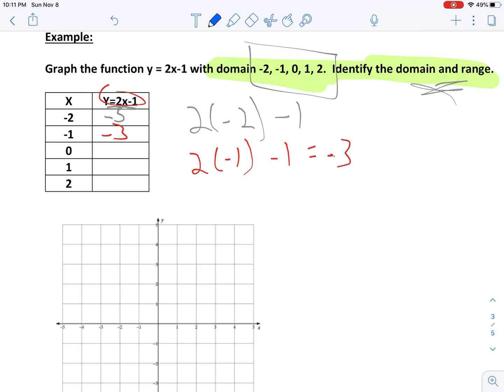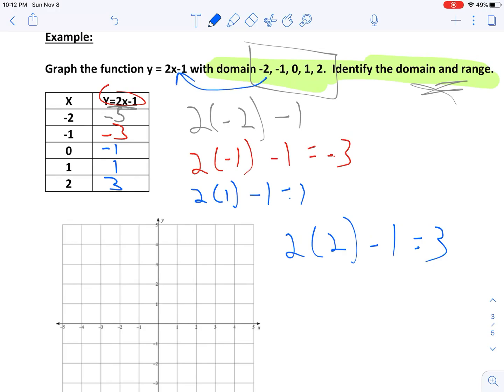When I put 0 in, I get negative 1. When I put 1 in here, I get a positive 1. And when I put 2 in there, I get a positive 3. So all I did was plug each domain into this equation, and whatever the answer came out to be, that went in my y column.